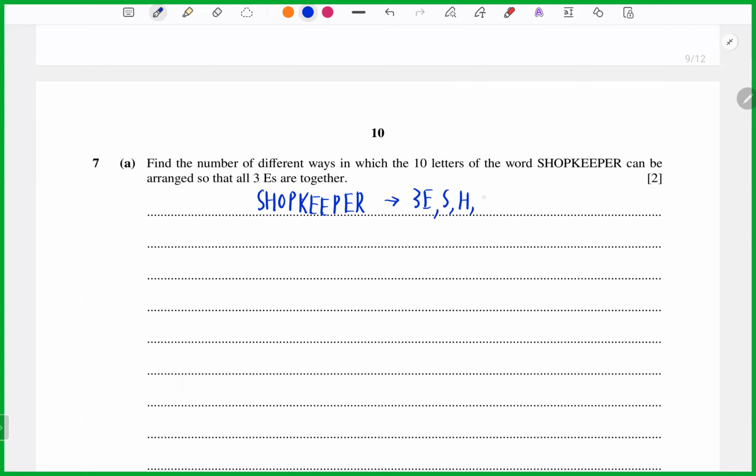S, H, O, P, K. You see there are 2 P. And then S, H, O, K, R. So E is 3 and P is 2. So we already analyzed it. And then you see, the 3 are together. So it means 10 letters.